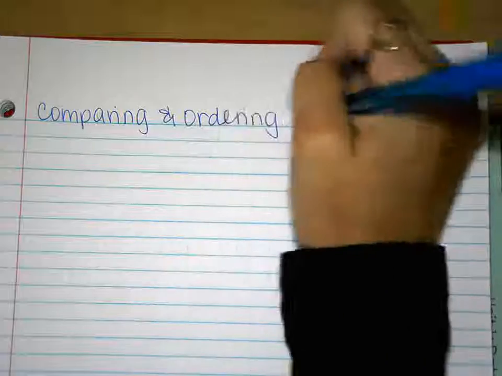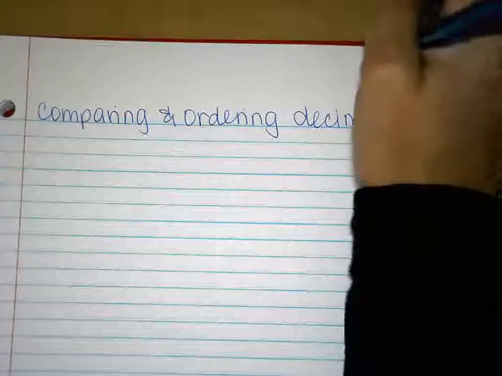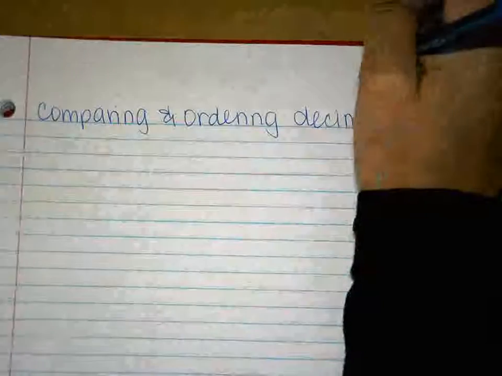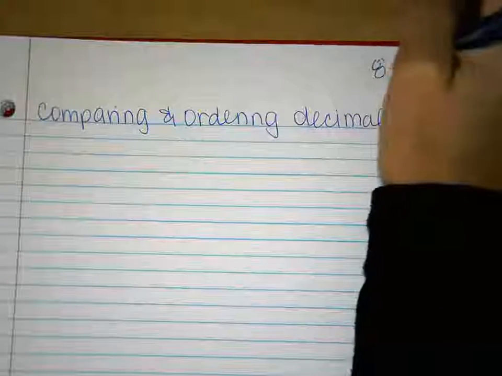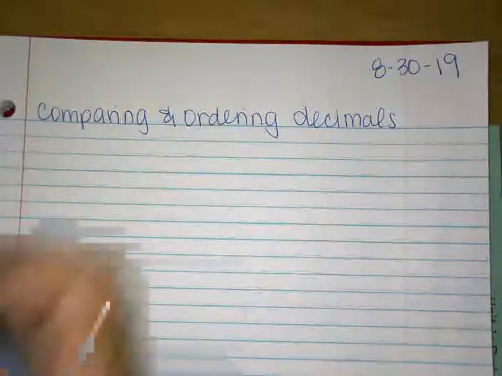So we're going to do one more together, and then I'll give you one that you guys can do for some homework. So once again, I'm going to write comparing and ordering up at the top because I used another page, with today's date, 8/30/19.